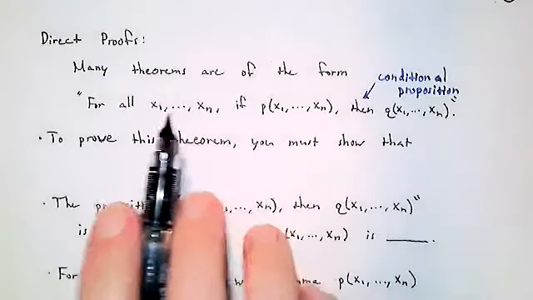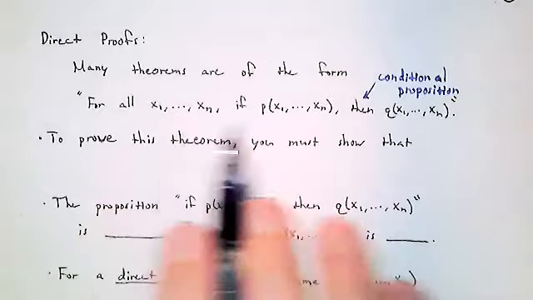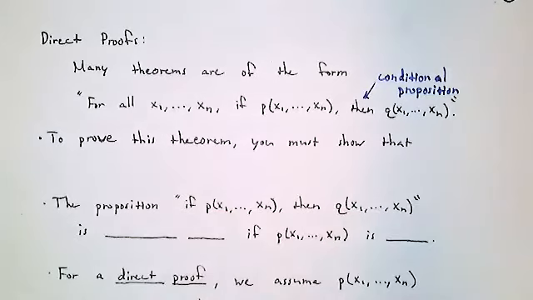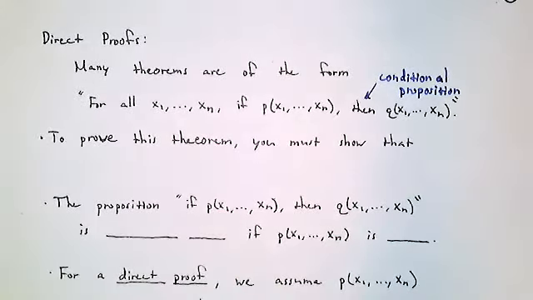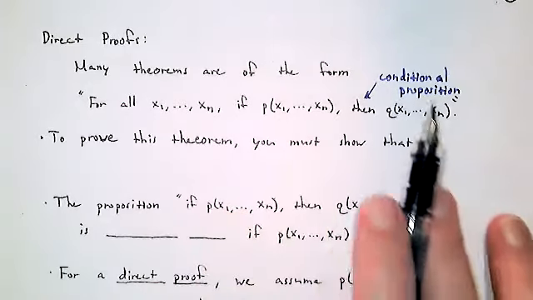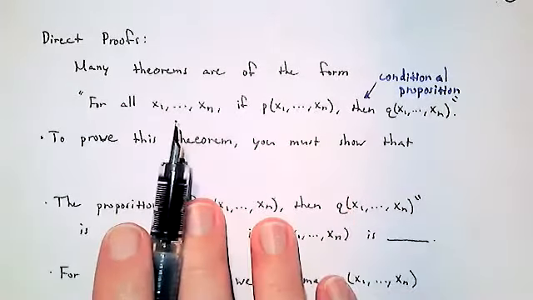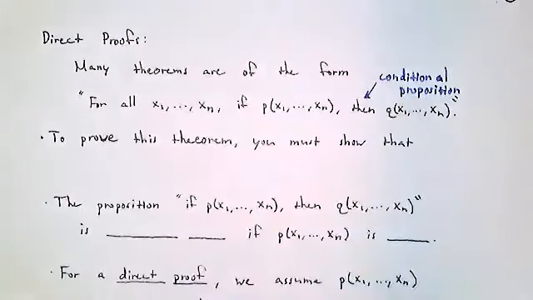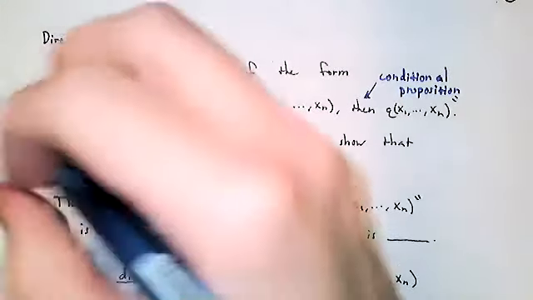And we're plugging these values, whatever they are, into our propositional functions over here on the right. And in order to prove that this universally quantified statement is true, you have to show that the conditional proposition, the right side, is true no matter what values you plug in. So that's what we have to show.